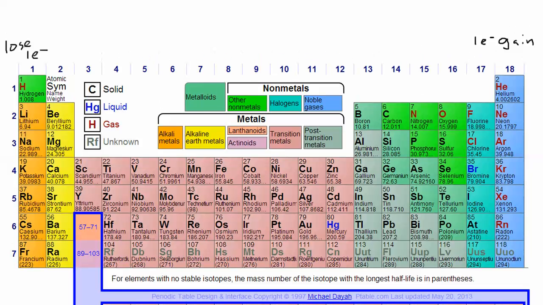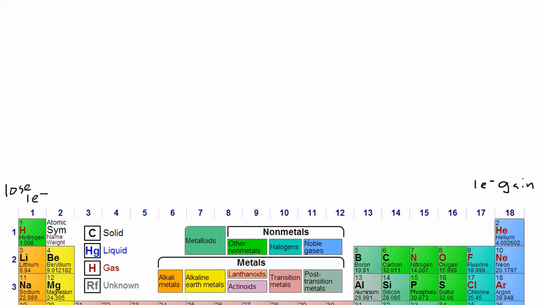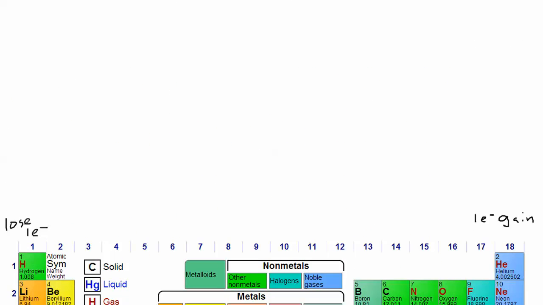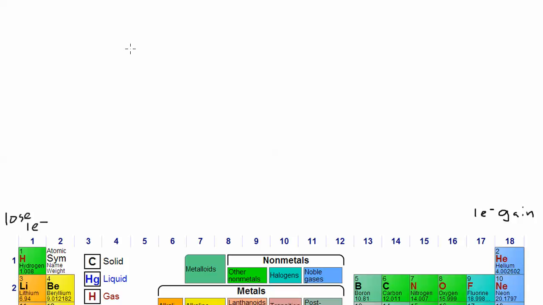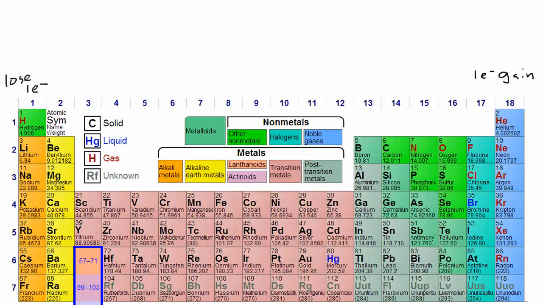And by gaining or losing 1 electron, groups 17 and 1 will get 8 valence electrons, and that makes them very stable. The only problem is when atoms gain or lose electrons, it messes up their charges. So let's take fluorine, for example. Fluorine's atomic number is 9. That means as an atom it has 9 protons and 9 electrons.